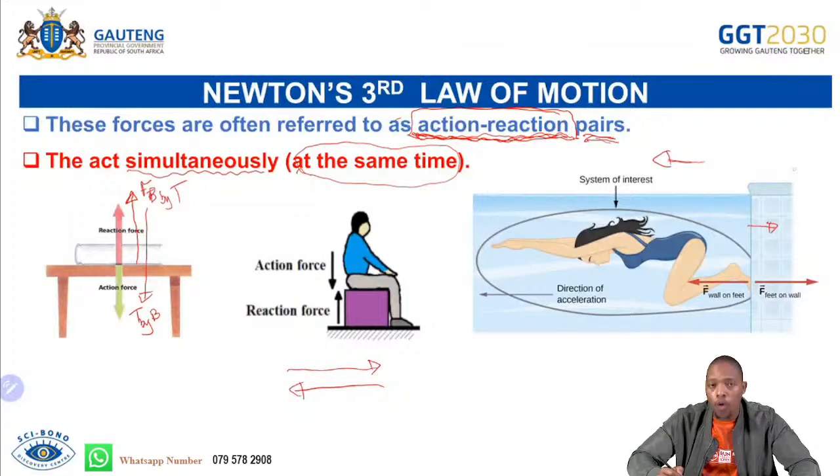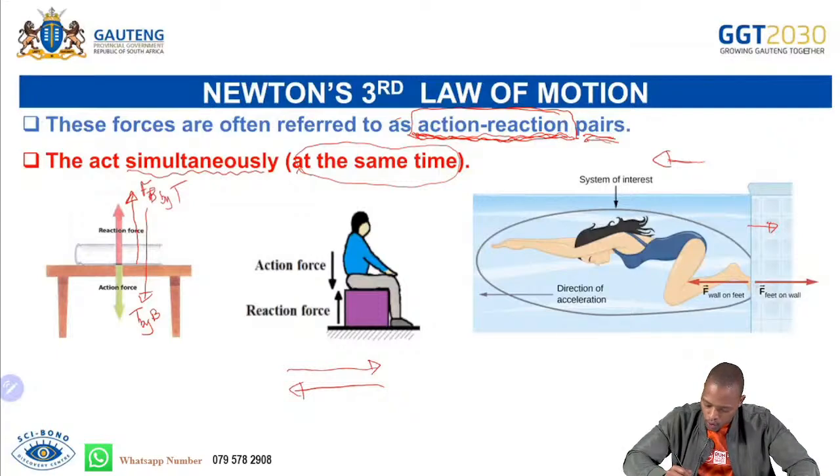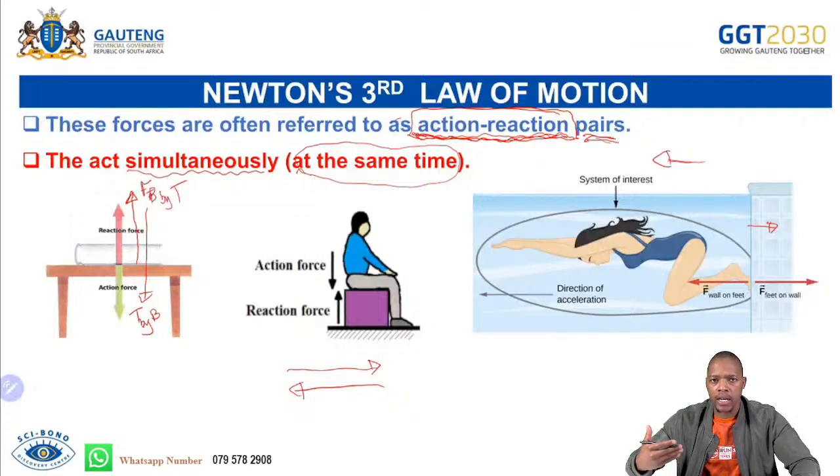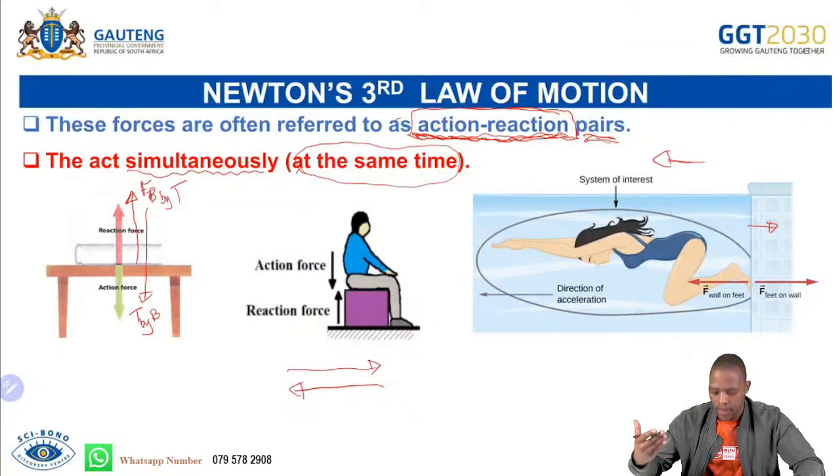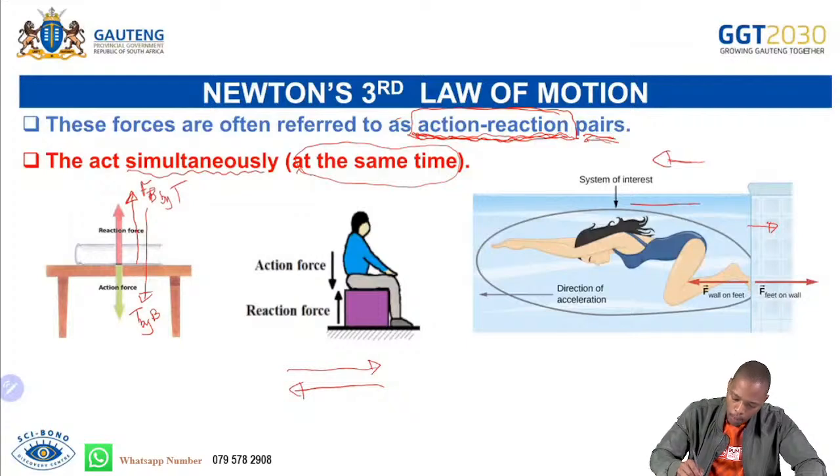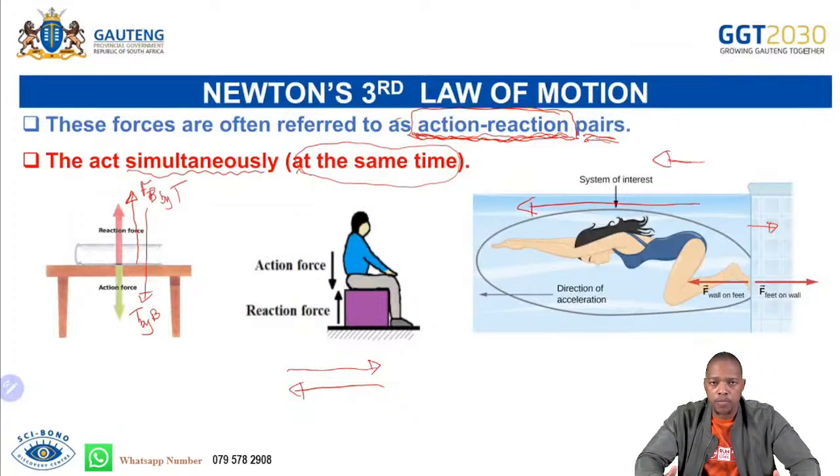The wall of the pool, right? So her feet will exert a force on the wall. Simultaneously, at the same time, the wall will be exerting a force on her feet. This is the force that is going to do what? Push the girl to accelerate in the direction she wants to accelerate.